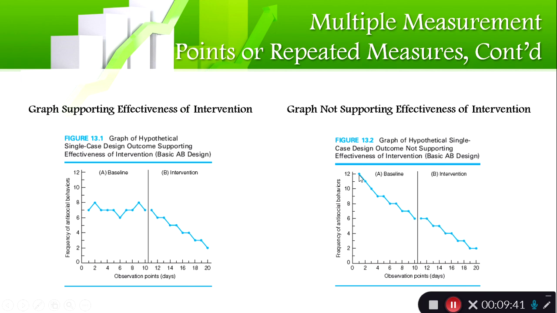We see a very similar trend in the baseline as we do following the introduction of the intervention. So this trend line doesn't really suggest that the intervention is effective, because we don't see much of a change in the trend line, right? This is what we're looking for, and this is what collecting multiple measurement points or repeated measures allows us to do.